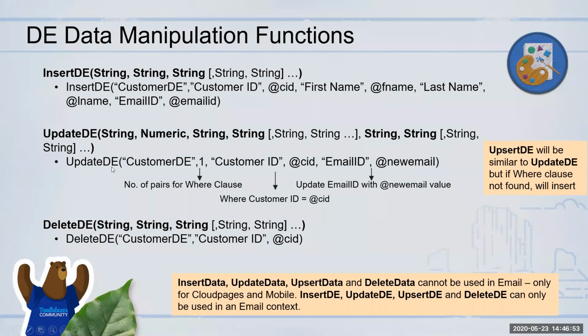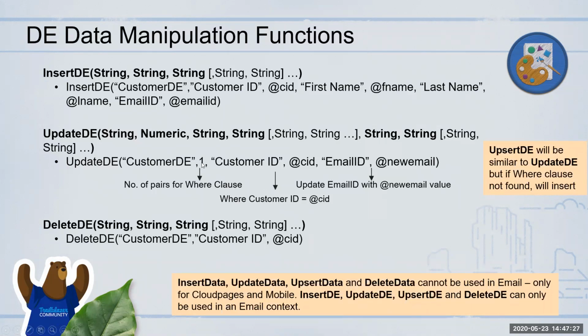Okay. Update DE, you first have to give the DE name. Then you have to say how many clauses you are going to give for where I'm going to update the value. So if I give one, it means the next pair will give you the where clause. If I give two, the next two pairs will give you the where clause. After that is the set of fields that you need to update in that particular data extension. So it'll vary based on the values that you give here.